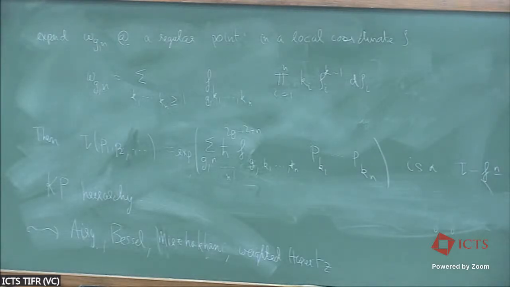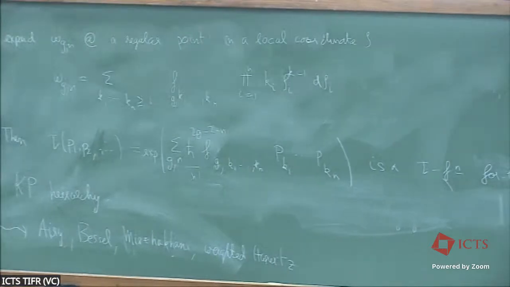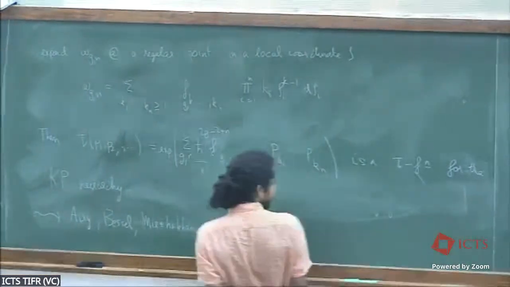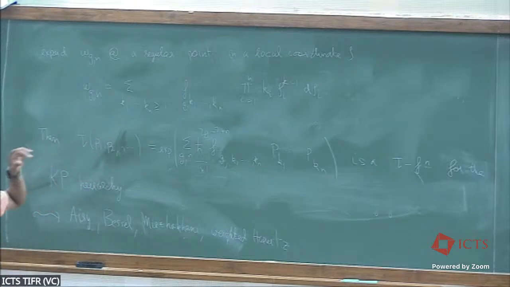Yeah, it's very specific. Good question. If you want to do higher genus curves, the statement is in fact false. Essentially, this is an if and only if: you get a tau function for the KP hierarchy if and only if the spectral curve is of genus 0.